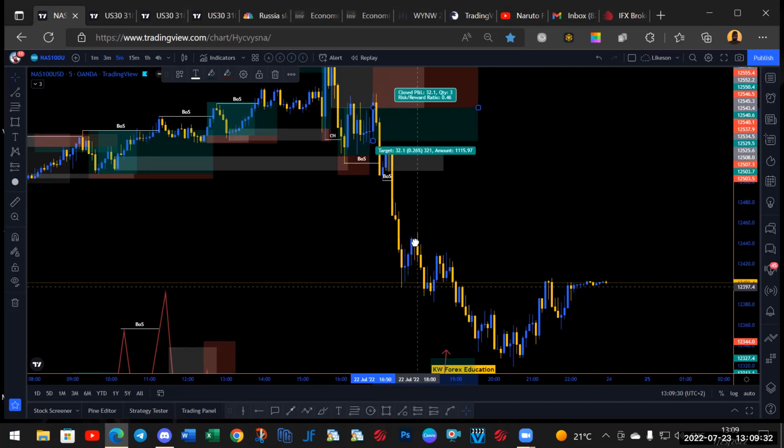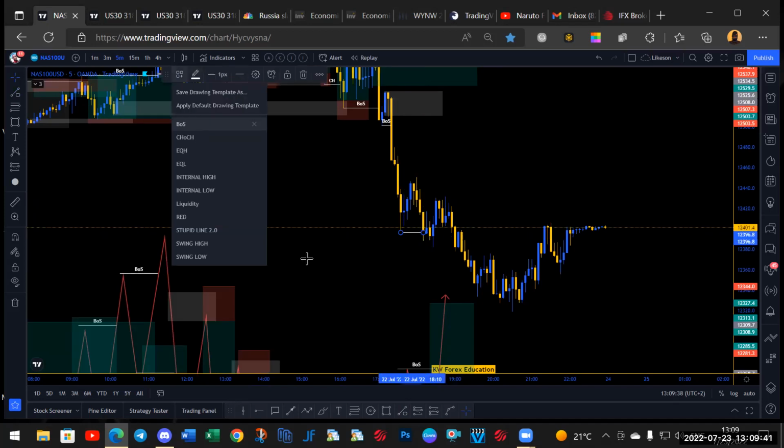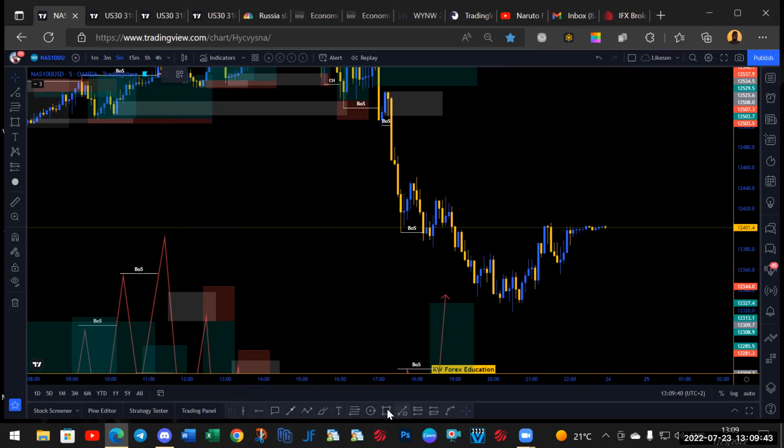Then it does that. We have a new break of structure, and new supply, right?